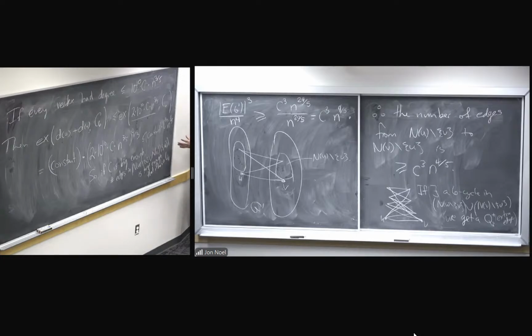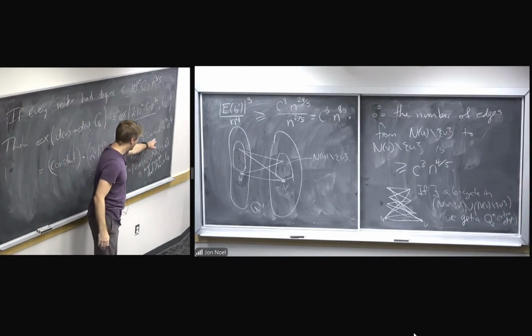So all I'm saying here is that if we knew that every vertex had degree at most 10 to the 10, or any number here really, times this C, where C was the constant we had in front of the number of edges in G, if there weren't any extremely large degrees, then we would be happy, because we've got this many edges between the neighborhoods, and if C is large enough, that number is larger than whatever this is.